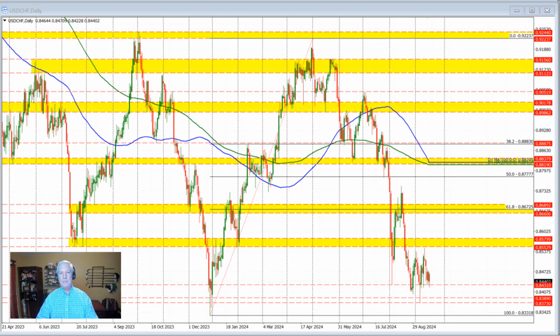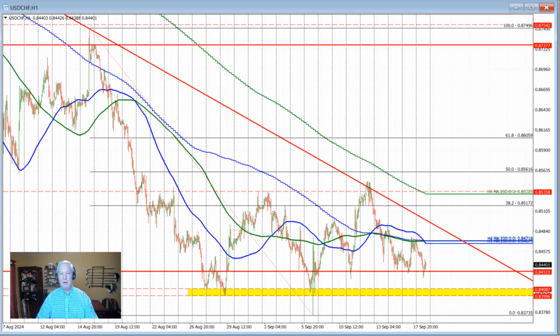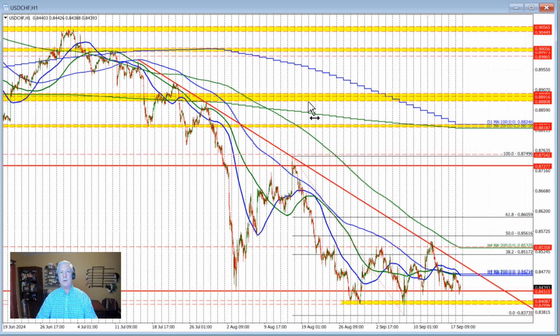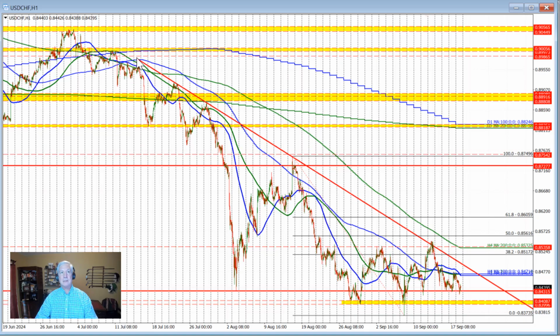What's a look higher? Again, I'm going to go back to the hourly chart to outline those levels. I already talked about the moving averages right through here. The price needs to get above those levels to increase the bullish bias, at least in the short term. Staying above that level would do that from a technical perspective. Then I'm going to take a longer-term look, and focus on this trend line right here.